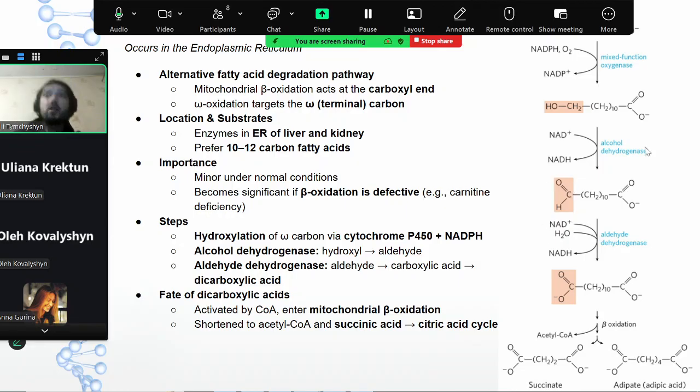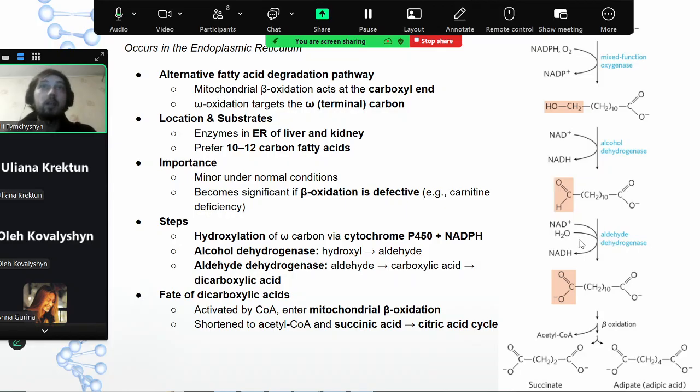I mentioned alcohol dehydrogenase yesterday in the context of ethanol and methanol biochemistry, but here it works in the context of omega oxidation. So here we have an aldehyde group. Now the aldehyde dehydrogenase.